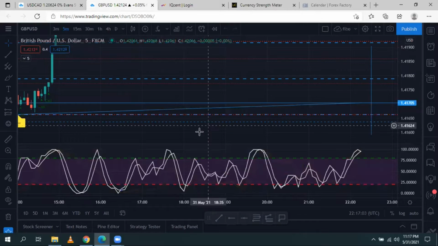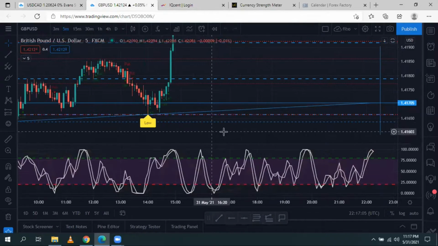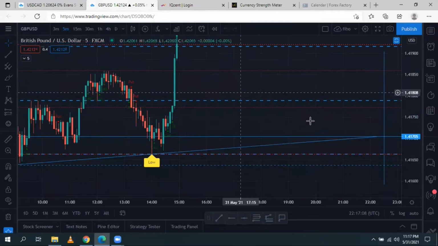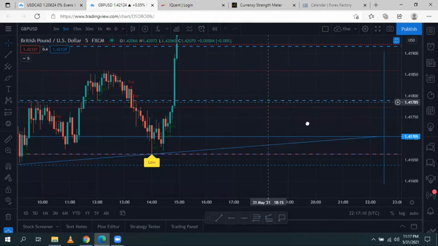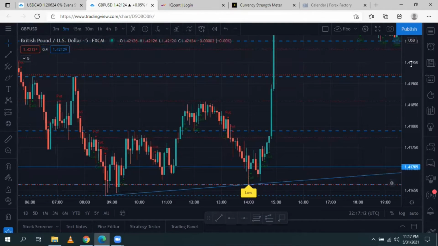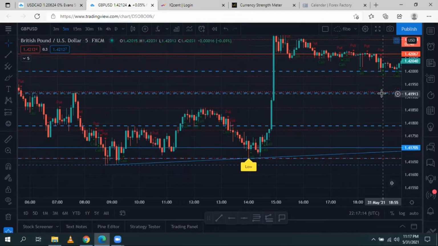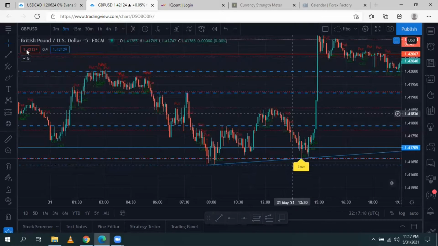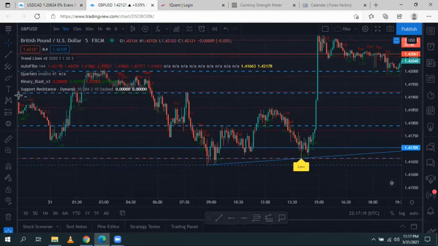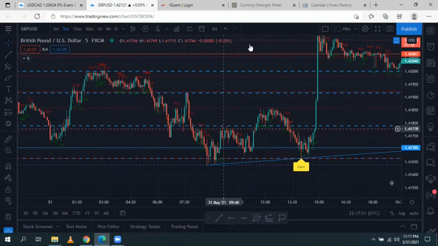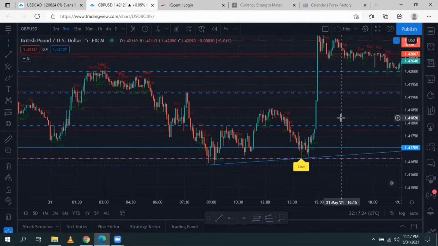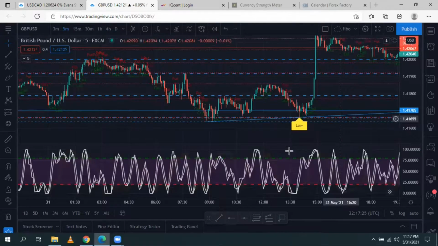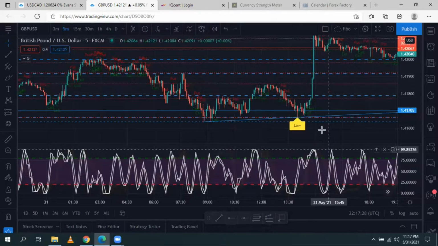So as you can see, this is my strategy. If you check this right here, the only thing you will see are lines, support and resistance. And that's what I use to take my trades. I have a lot of indicators which I will explain when I'm doing the videos on this. Then I have the stochastic RSI, which helps me to know when I'm expecting to take a trade.